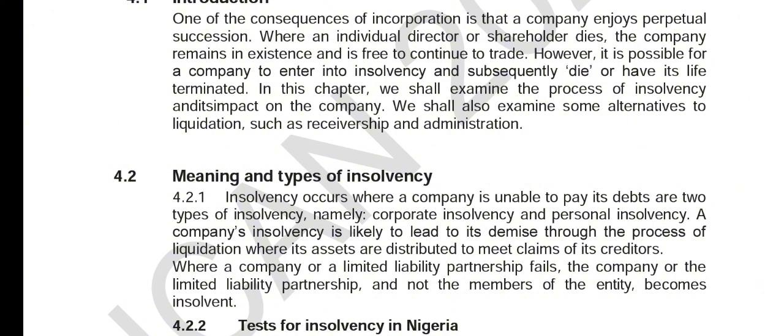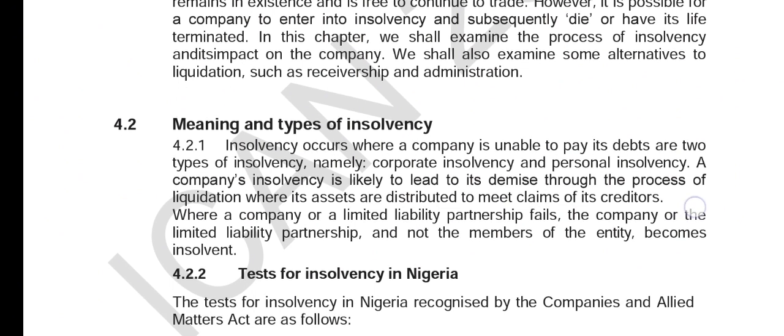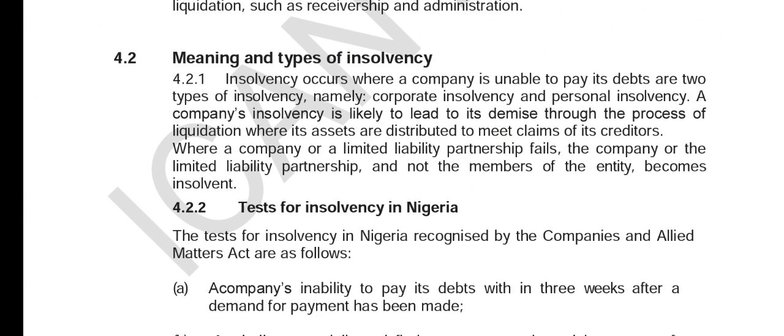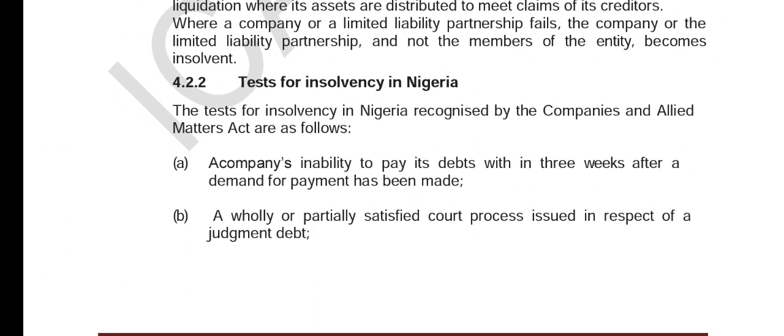We have corporate insolvency and we have personal insolvency. So basically that is the idea for insolvency. It's like an individual who is bankrupt, who doesn't have money to pay their debt or cover their liabilities. It's the same way for a company, but this time it's not called bankruptcy, rather it's called insolvency. So there are tests for it.